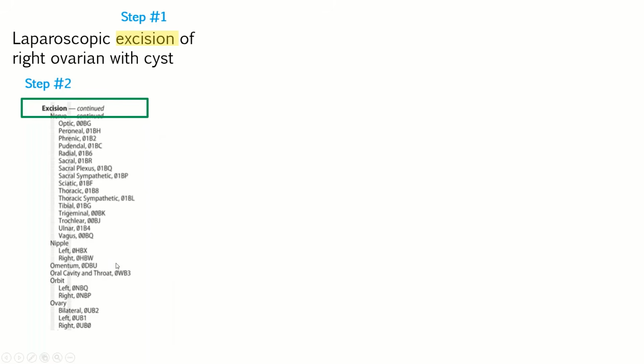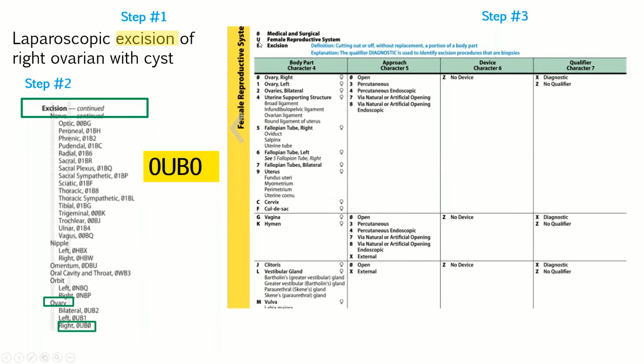Excision of what? Excision of ovary. Which ovary? It's the right ovary. So we're going to be driven to the 0UB0 table, the same exact table that we went to previously. So 0UB, medical surgical female reproductive system excision.